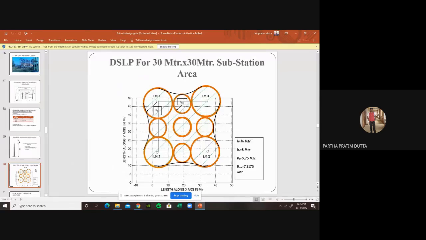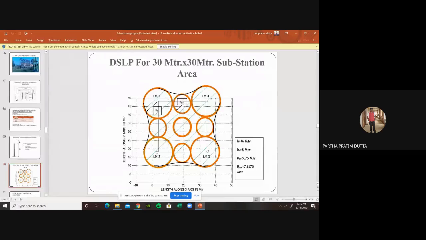Suppose this is lightning mast 1, lightning mast 2, lightning mast 3, and lightning mast 4. Every lightning mast has the power to create a circle where the lightning can be arrested, and that circle can be created with a radius of Rx. So lightning mast 1 creates that circle, lightning mast 2 creates the circle, lightning mast 3 creates the circle, and lightning mast 4 creates the circle.